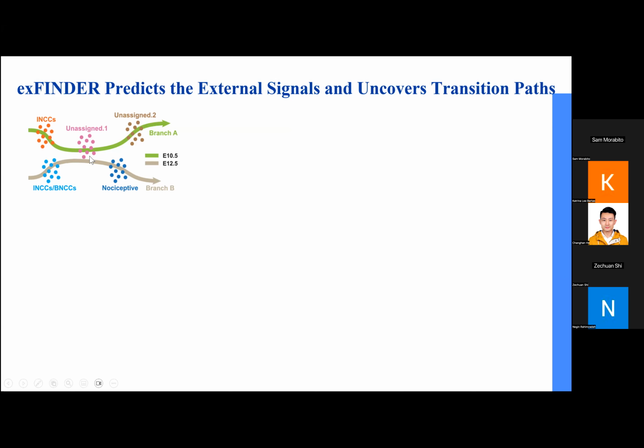Since these two branches kind of merge in the middle, it's not very clear whether this group comes from the unassigned cells or from these boundary cap cells. And so these are the two possible paths.